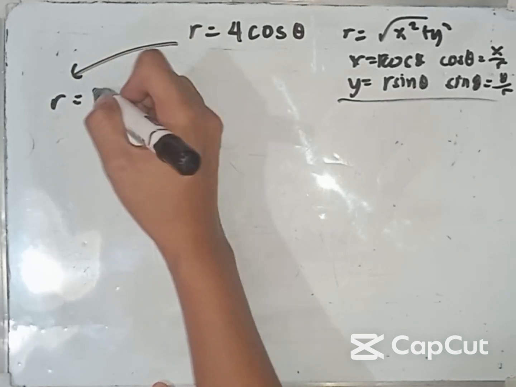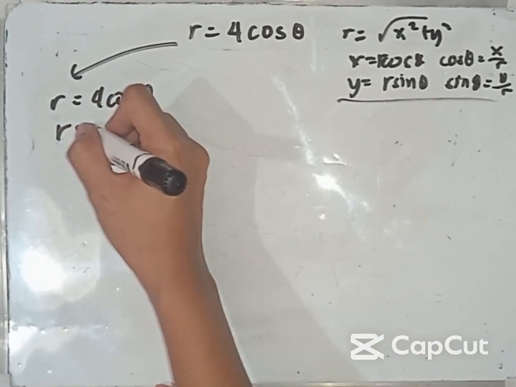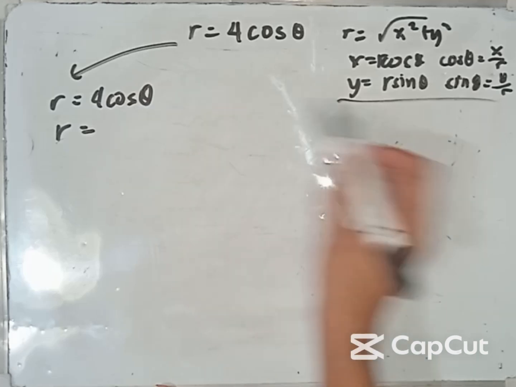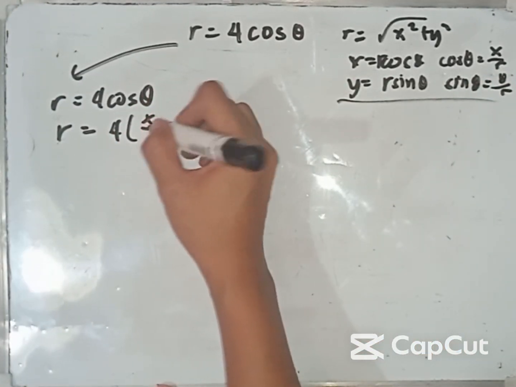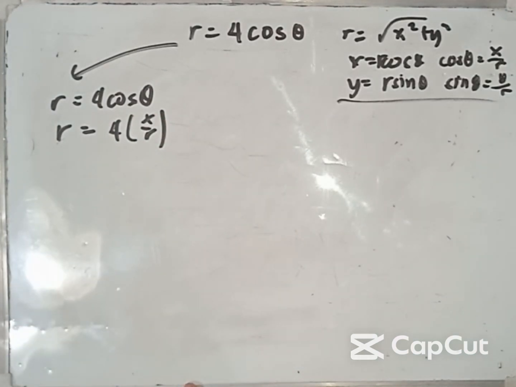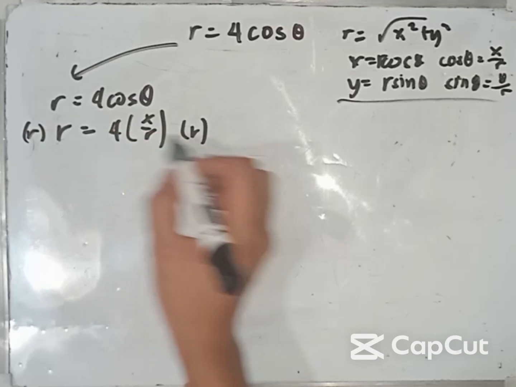So we have r is equal to 4 cosine theta. So let us rewrite cosine theta as x over r. So let's multiply both sides by r so that we can cancel the denominator.